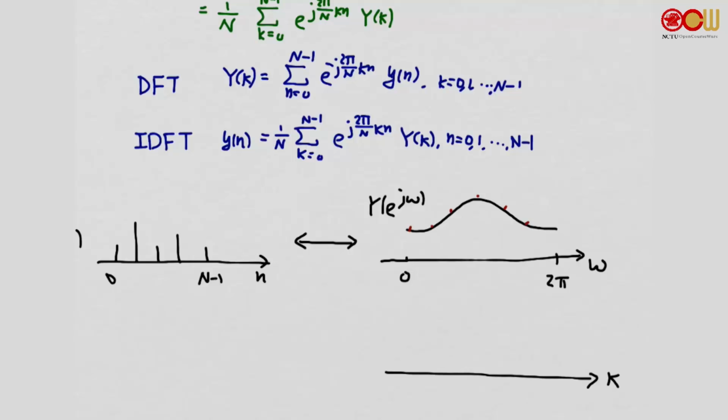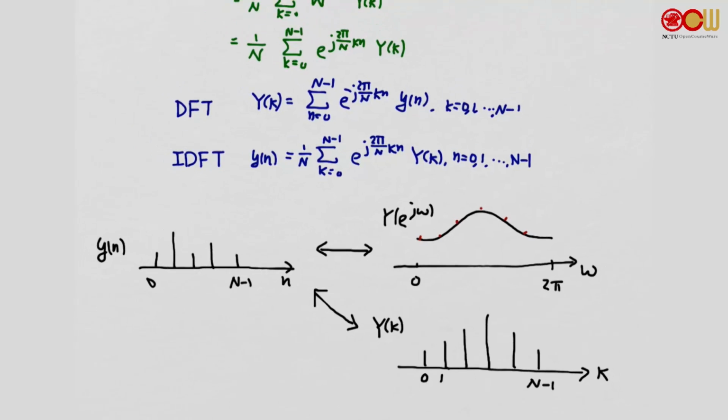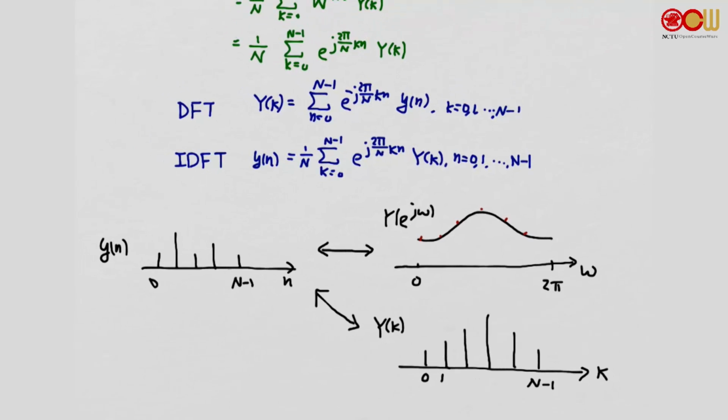This is the DFT sequence. The DFT sequence corresponds to the samples 0, 1, 2, up to n minus 1. And there's also a one-to-one correspondence. From the time domain sequence, we can compute the DFT, and from the n-point DFT, we can also get back the time domain sequence.